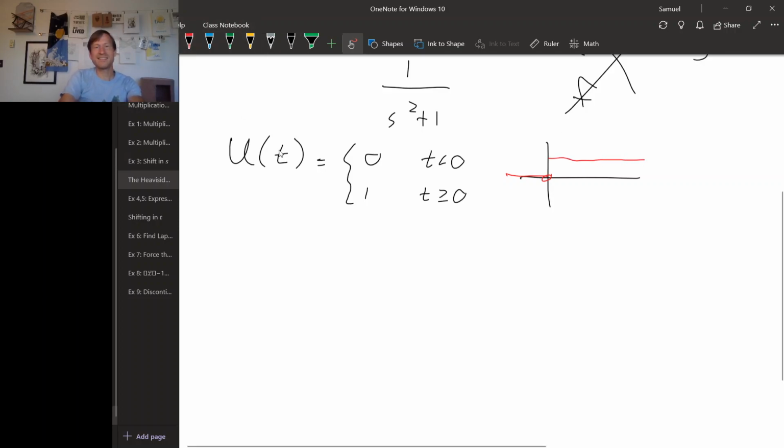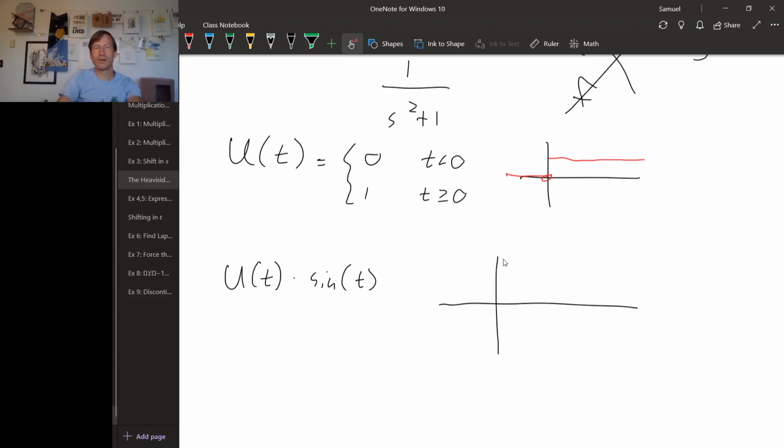Now, the reason that I say this chops off the past is because if we take this step function and multiply it by sine of t, let's graph the result. Well, for negative t values, the step function part is going to be 0. So the sine part doesn't survive. It just gets zeroed out since it's being multiplied by 0.